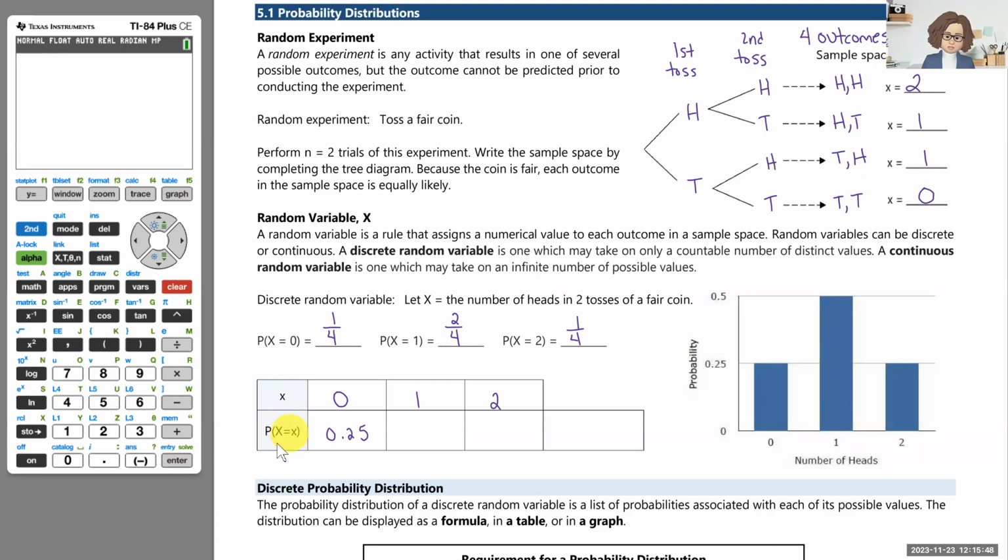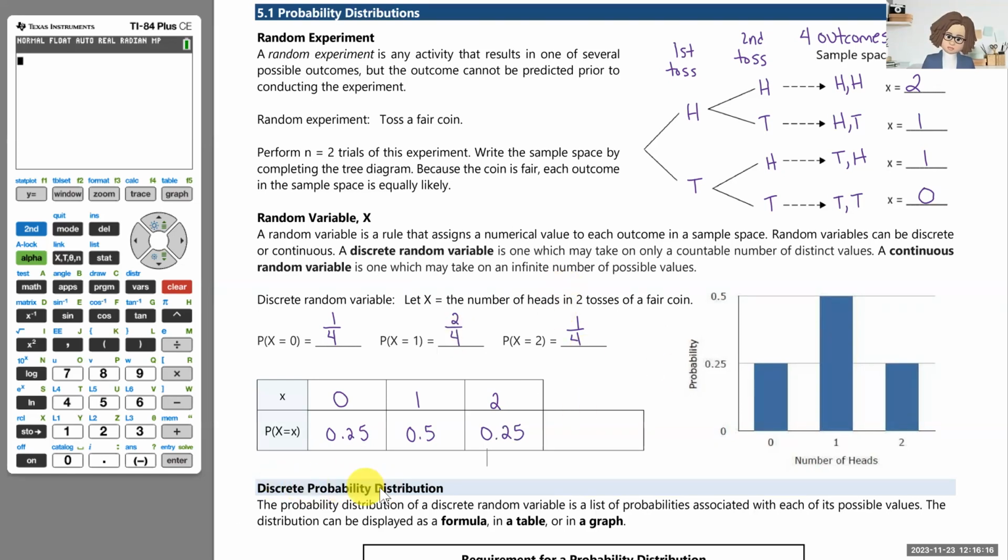In this notation, the capital X represents X in general, and the lowercase x is each one of our possible values. The probability X was 1 was 2 out of 4, or 0.5. And the probability X is 2, that was 1 out of the 4, that's also 0.25.